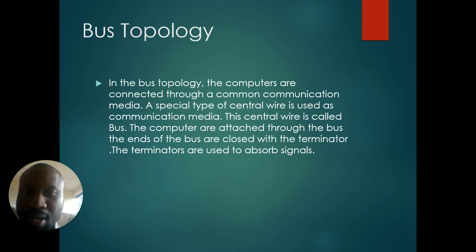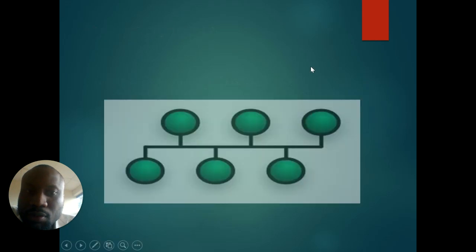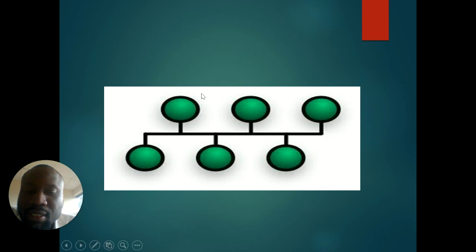The ends of the bus are closed with the terminator. The terminators are used to absorb signals. So you can see this is an example of a bus topology. So this is what we are calling the bus. And these are the nodes.